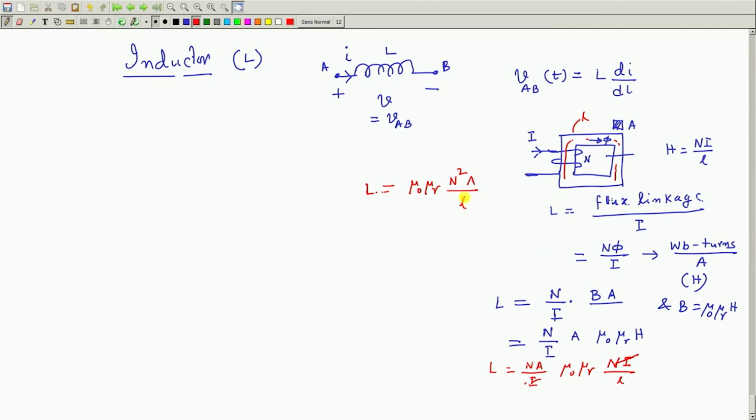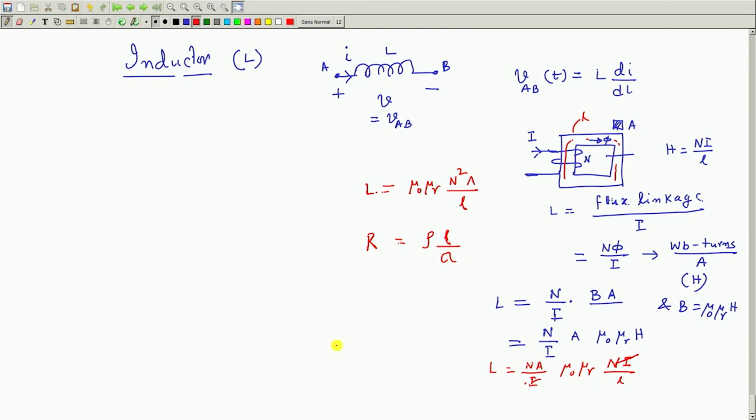by L. So, you see, inductance is a value attached to a coil which does not depend upon the magnitude of the current flowing. Like the formula for a resistance, we know, whether you are passing a current or not, the resistance value is rho L by A. It depends upon the physical dimension of the wire, is it not?